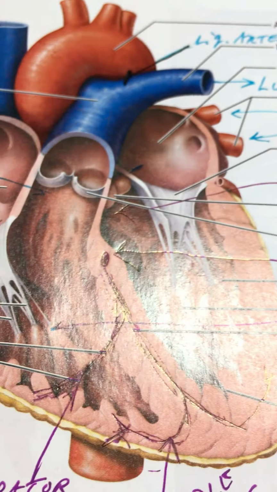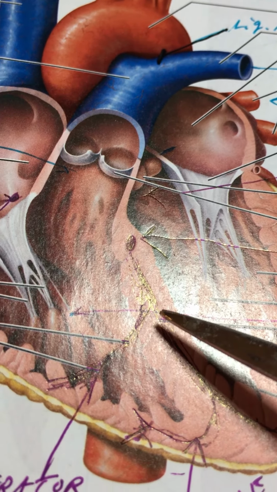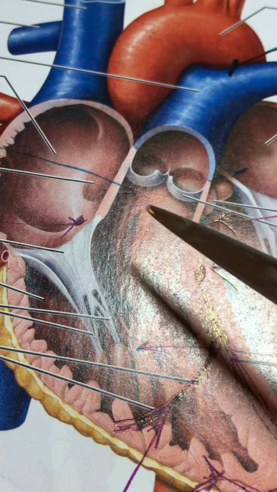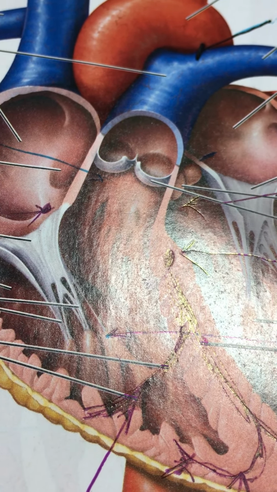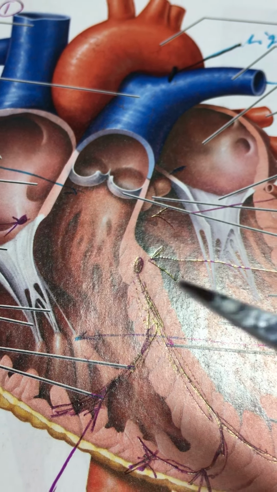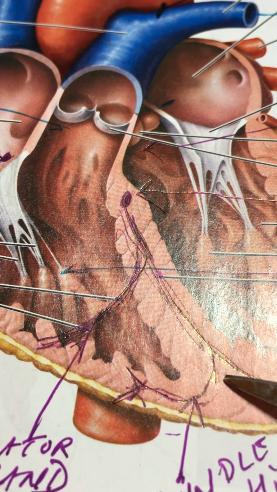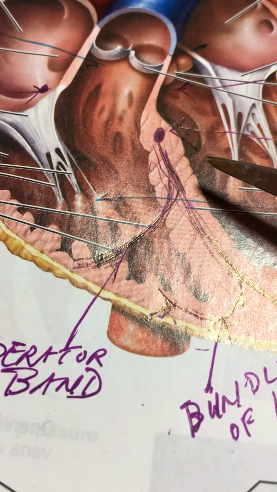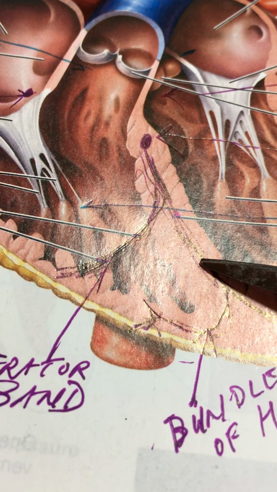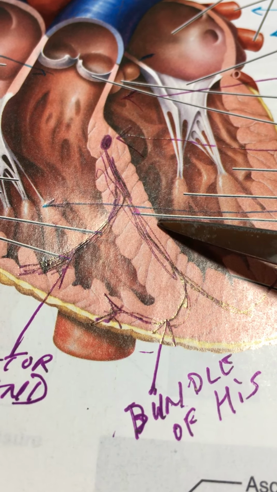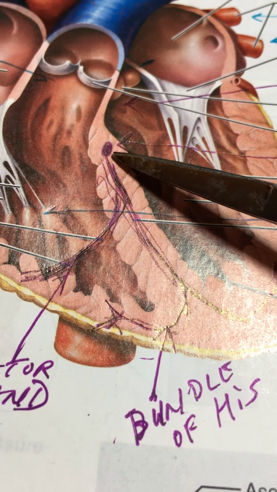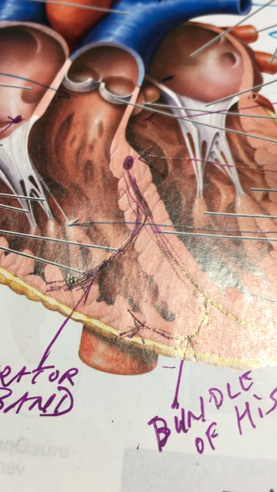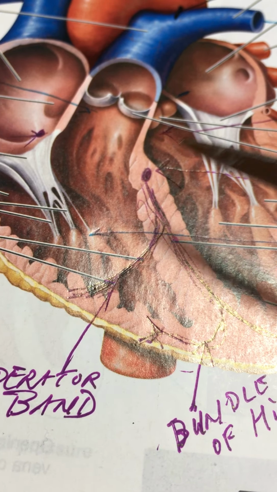I've depicted some extra things in here, like the AV node, and up here would be the sinoatrial, the SA node. I'm depicting the bundles of His, the bundles that send signals from these points of origin down and create an electrical event in the heart that causes contraction.